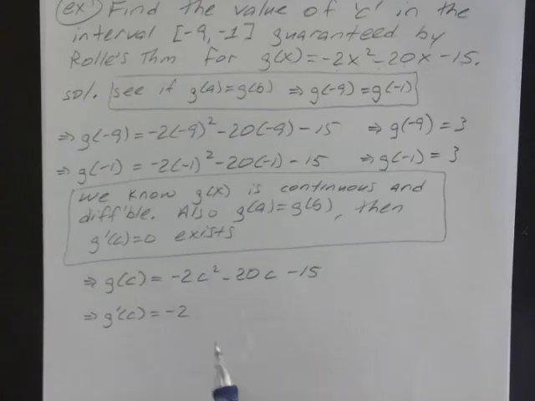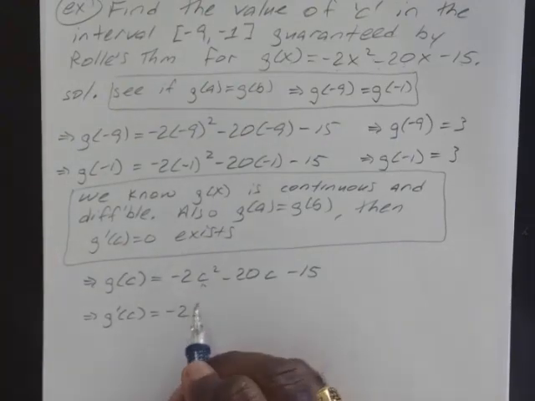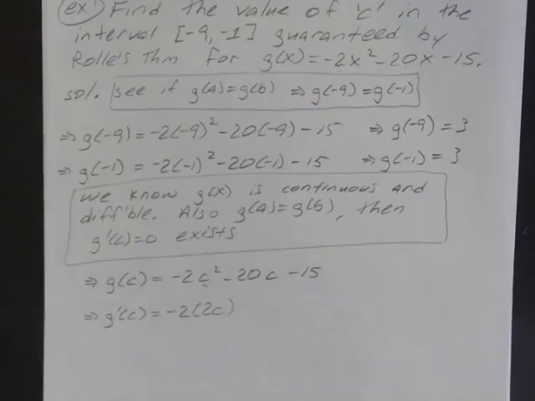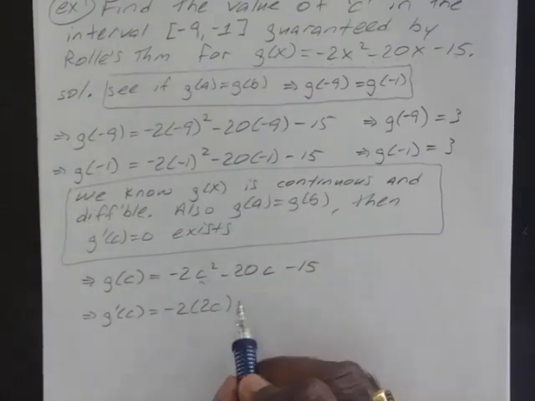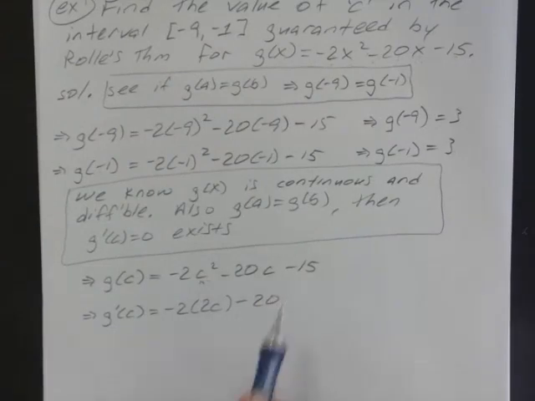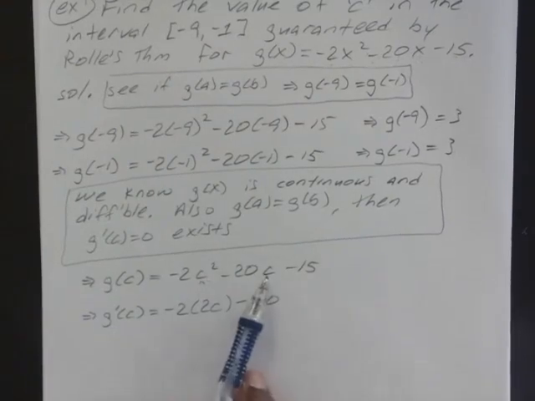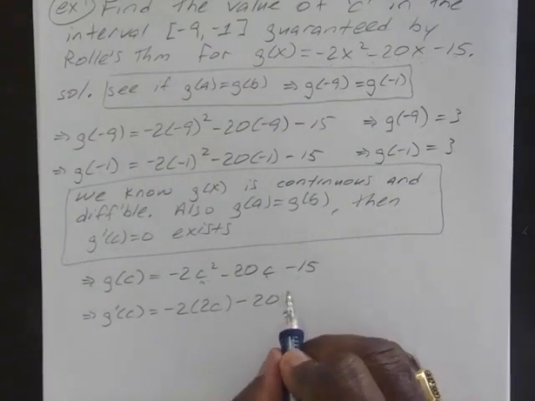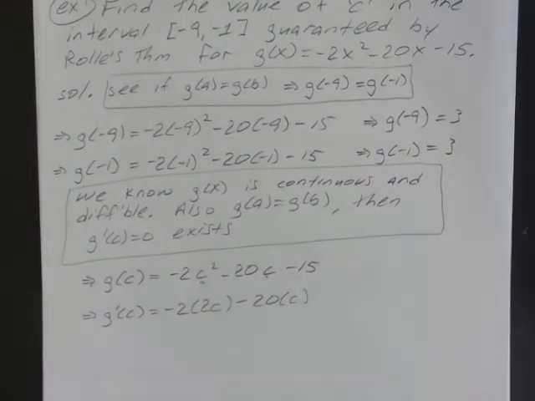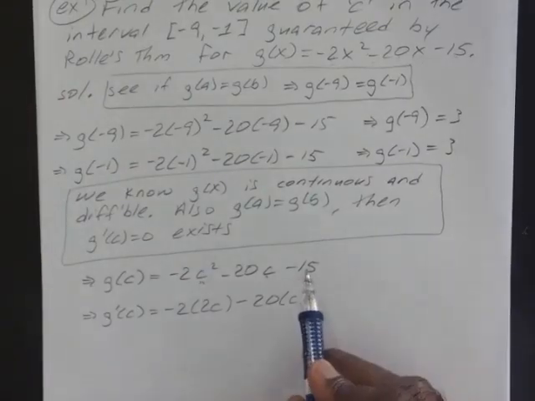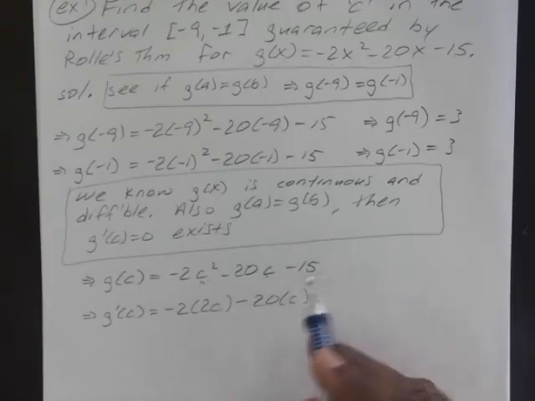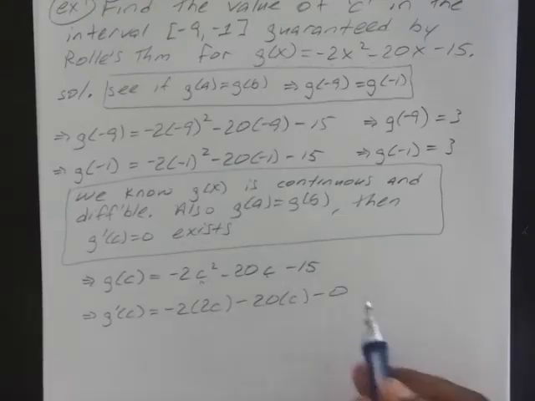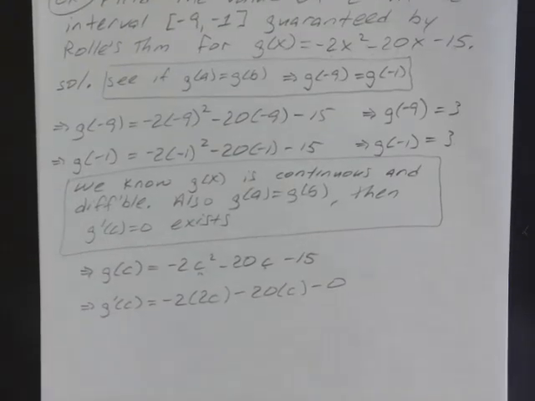So that's -2 times the derivative of c squared, which is 2c, minus 20 times the derivative of c, which is 1, minus 15. Well, the derivative of 15 is 0, so that just becomes minus 0 if you want, or you can just leave it blank.